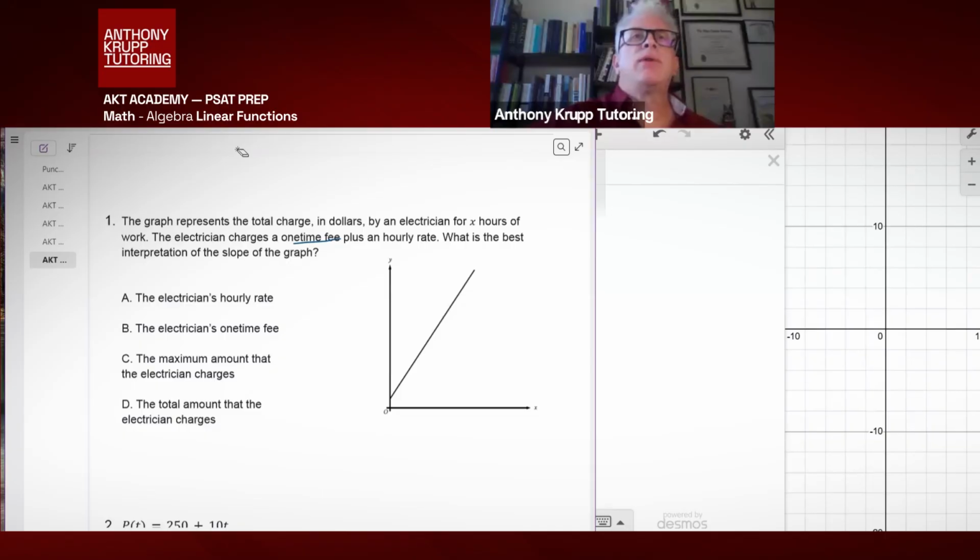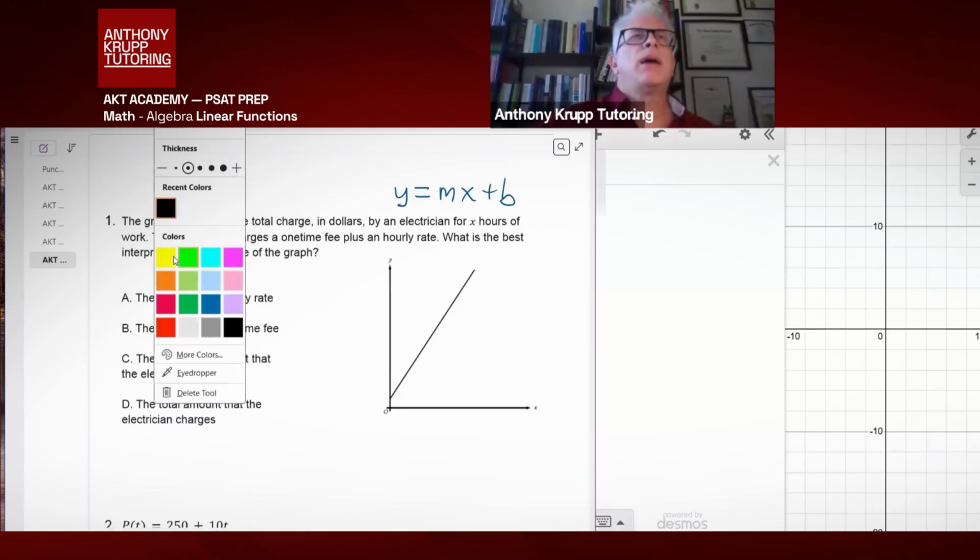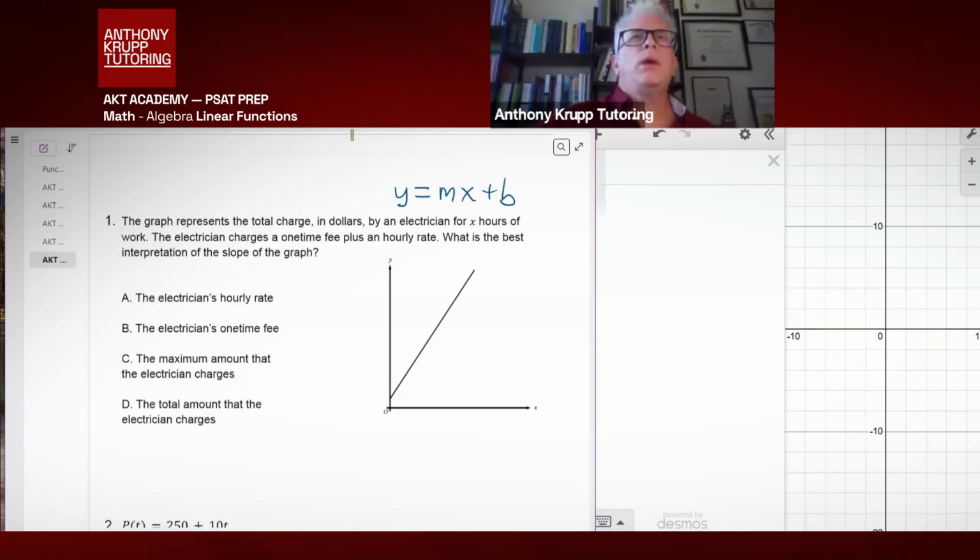Rather than directly answer that, I want to point something out here. For linear equations, which are always about y equals mx plus b, notice how the total charge, how much money the person's going to charge, is clearly going to be the y value. Whatever point you find, you're going to look at the y value for the money, right?